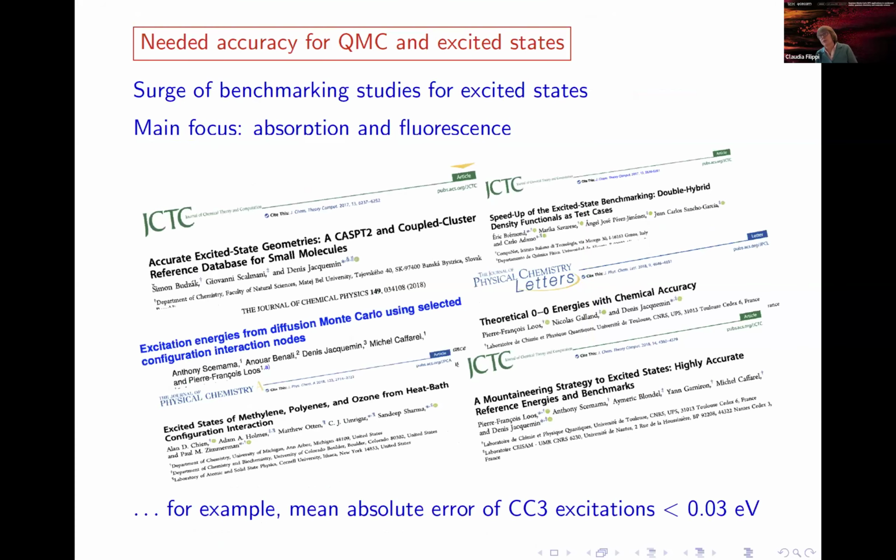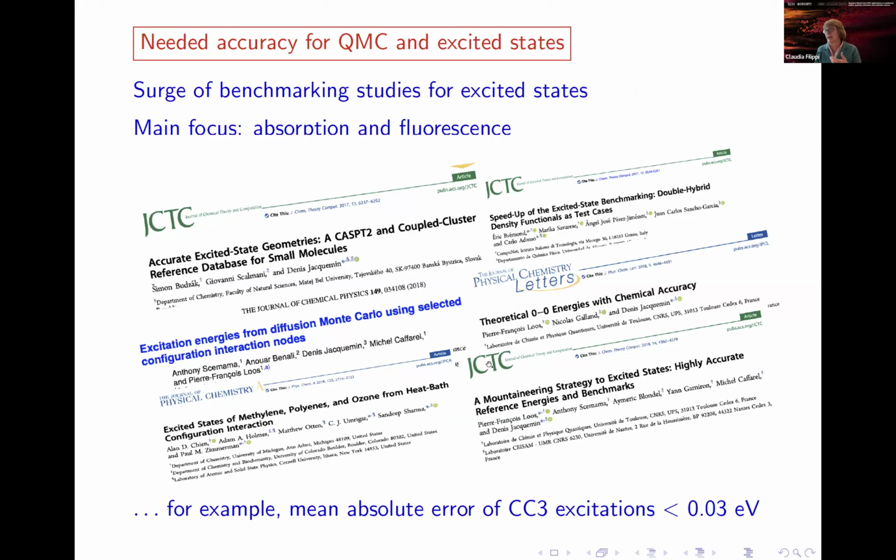Because of this difference among methods which are supposed to be very accurate, there's been a real search for benchmarking of excited states, mainly by the group of Pierre-François Loos and Jacquemin. They mostly focused on absorption and fluorescence, using full CI, extrapolated full CI, and coupled cluster singles, doubles, triples, and quadruples, and gave a view of what is expected to be competitive and accurate.